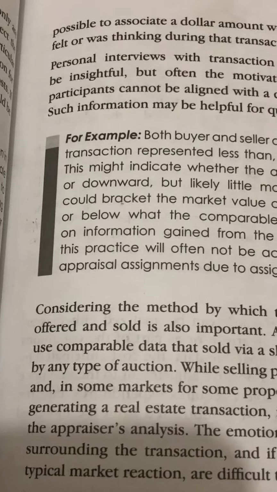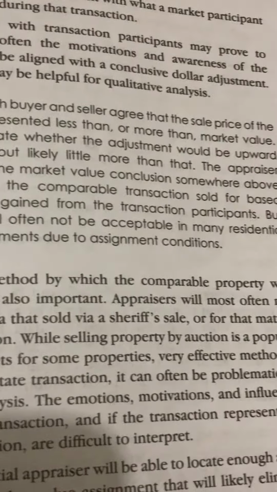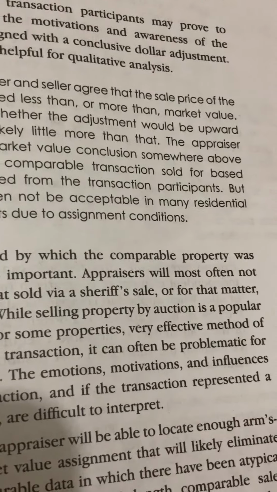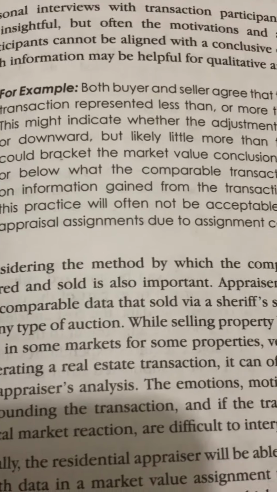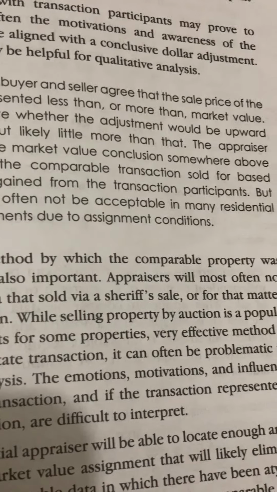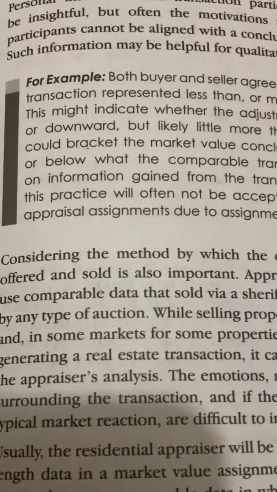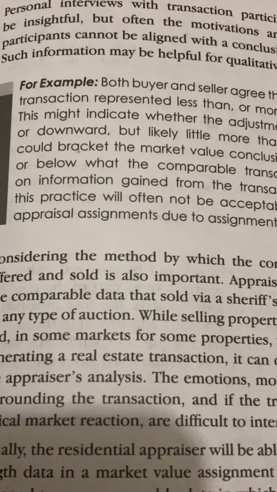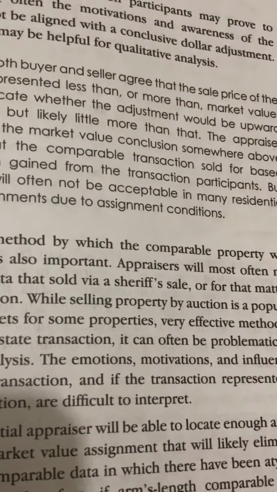The appraiser could bracket the market value conclusion somewhere above or below what the comparable transaction sold for based on information gained from the transaction participants. But this practice will often not be acceptable in many residential appraisal assignments due to assignment conditions.